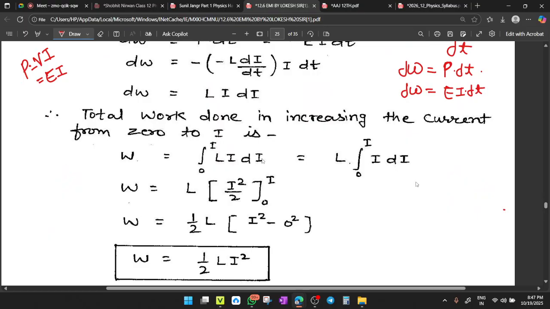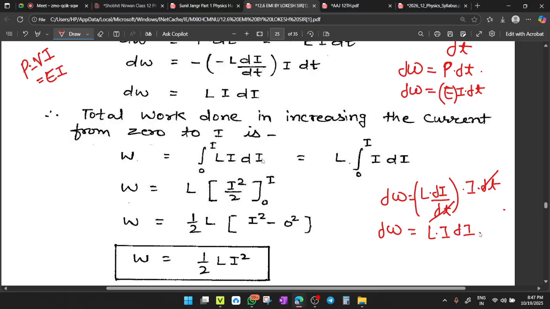So dW equals L di by dt, that is the value of E, into I into dt. Now dt and dt cancel out, so dW equals L I di. This is the small work to establish the amount of current I.